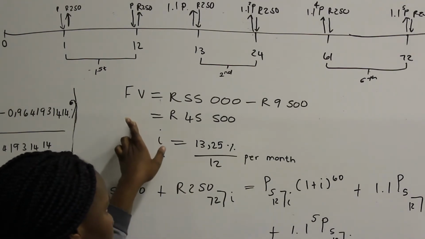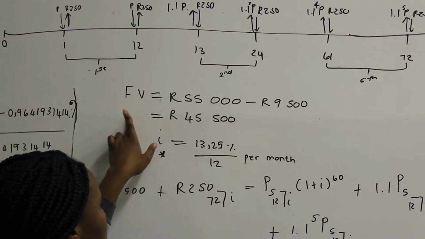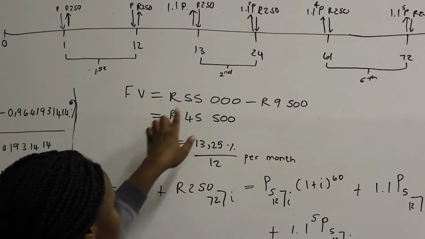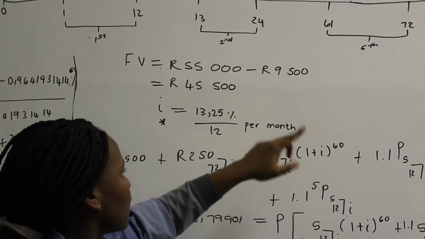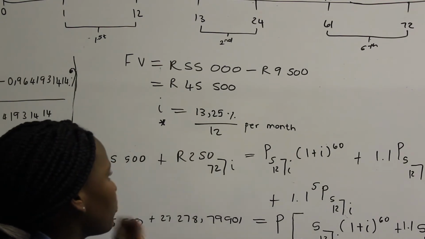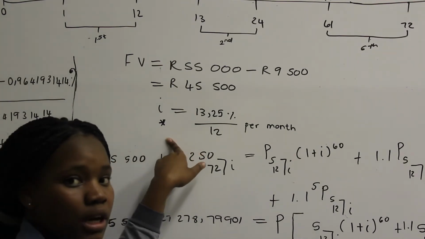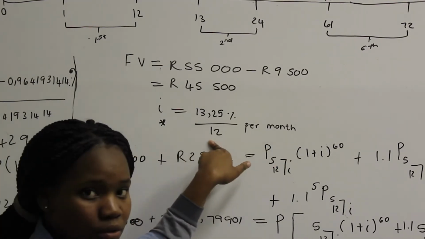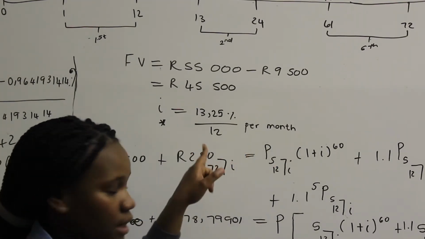Then we calculate a future value. In order to calculate our future value, which will be our accumulated payment, we say 55,000 minus the 9,500, to give us 45,500. We've already converted the interest rate into per month by dividing by 12, and there's no tax.